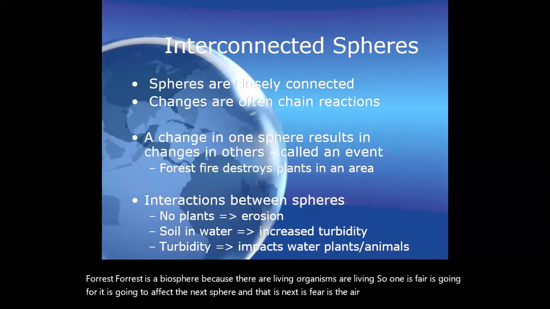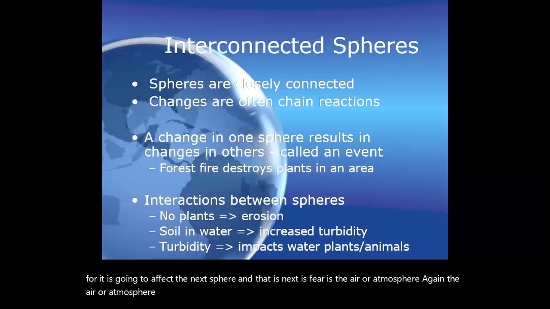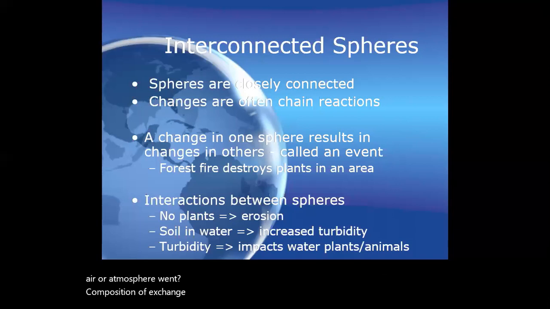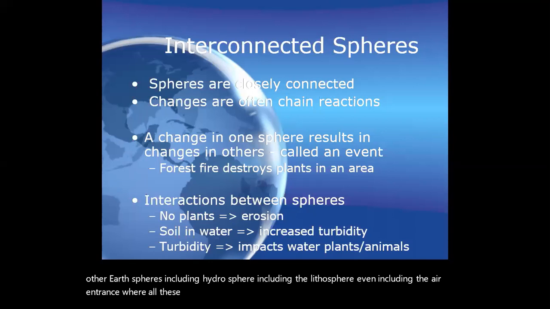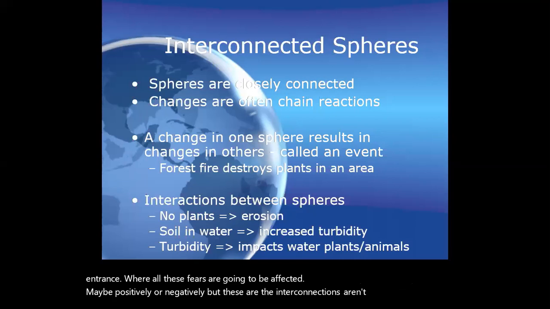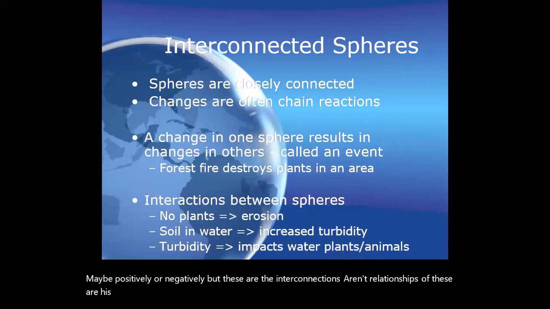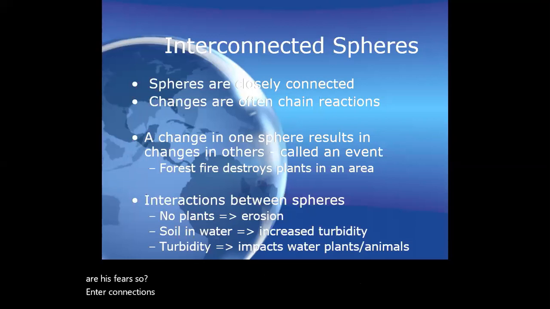When the composition of the atmosphere changes, ultimately the earth is going to be affected, meaning other earth spheres, including hydrosphere, lithosphere, even the anthrosphere. All these spheres are going to be affected, maybe positively or negatively, but these are the interconnections and interrelationships of all these spheres.